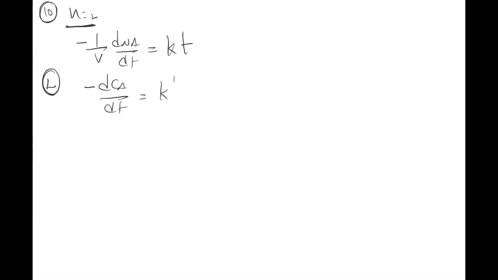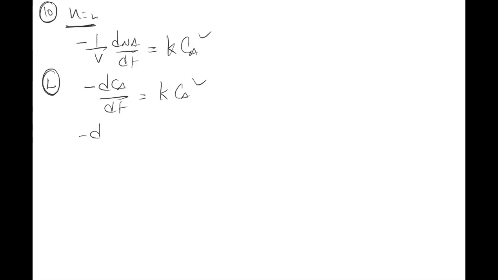How do you try it? You always start with minus 1 by V into dNA by dt. Don't start with minus dCA by dt because it is incorrect. Now, since you are talking about a liquid phase reaction, minus dCA by dt is equal to k into CA square.